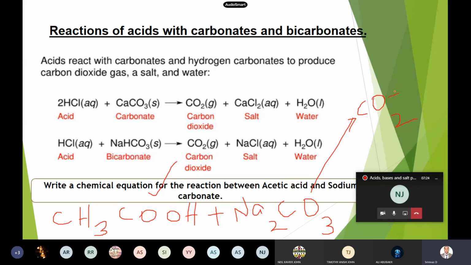Carbon dioxide and water are common. Then after formation of these, you will also get a salt, and I'm expecting the chemical formula of the salt.